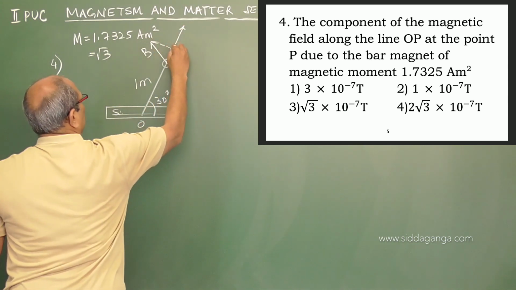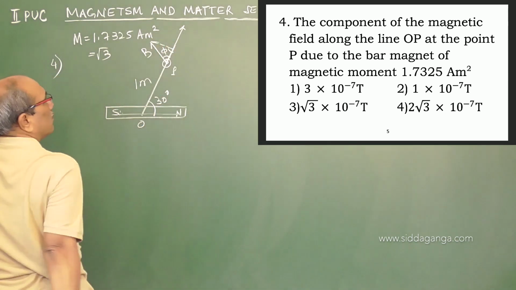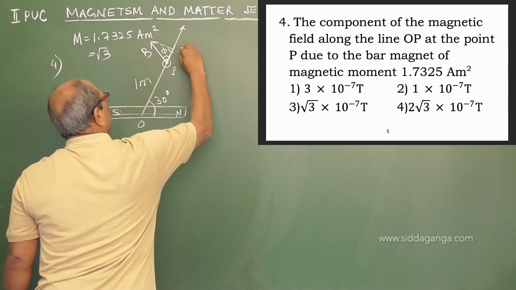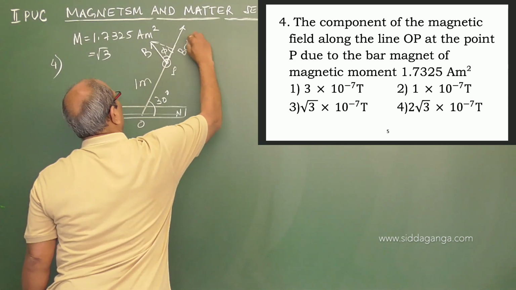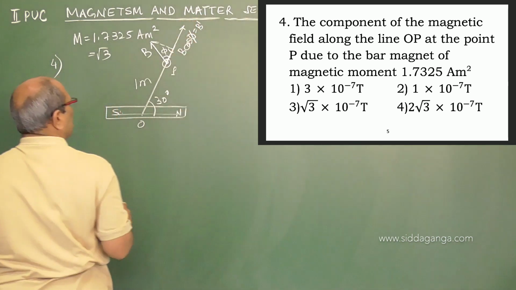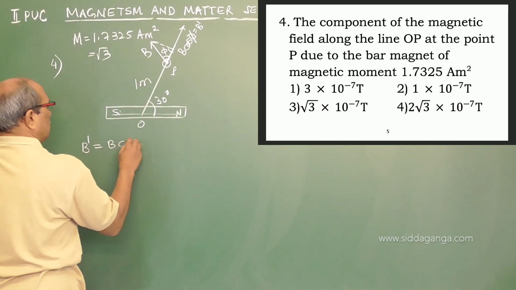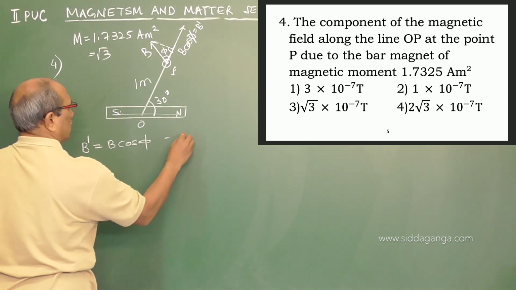Drop the normal from this. This angle is phi. Now this adjacent side by hypotenuse is B cos phi. This is B dash. So we have to find B dash equal to B cos phi.